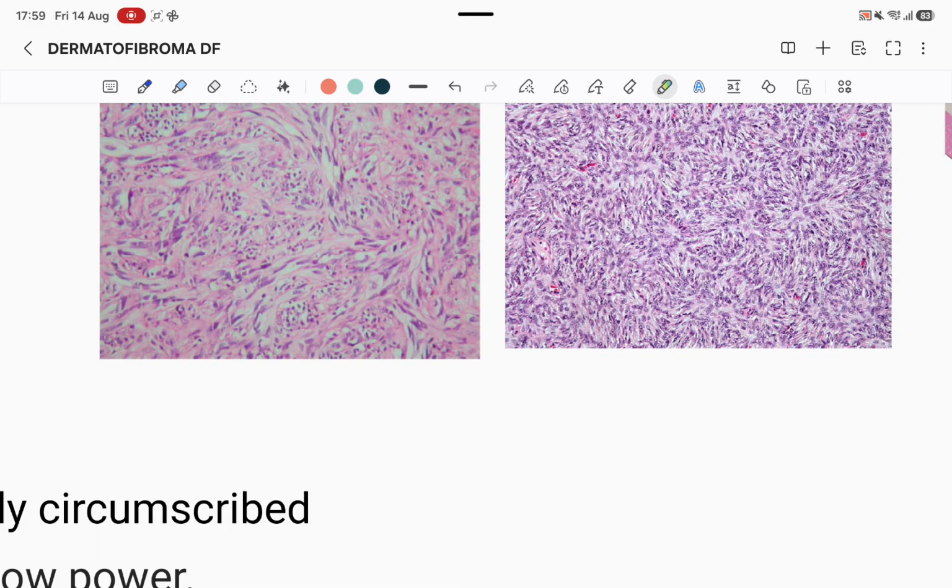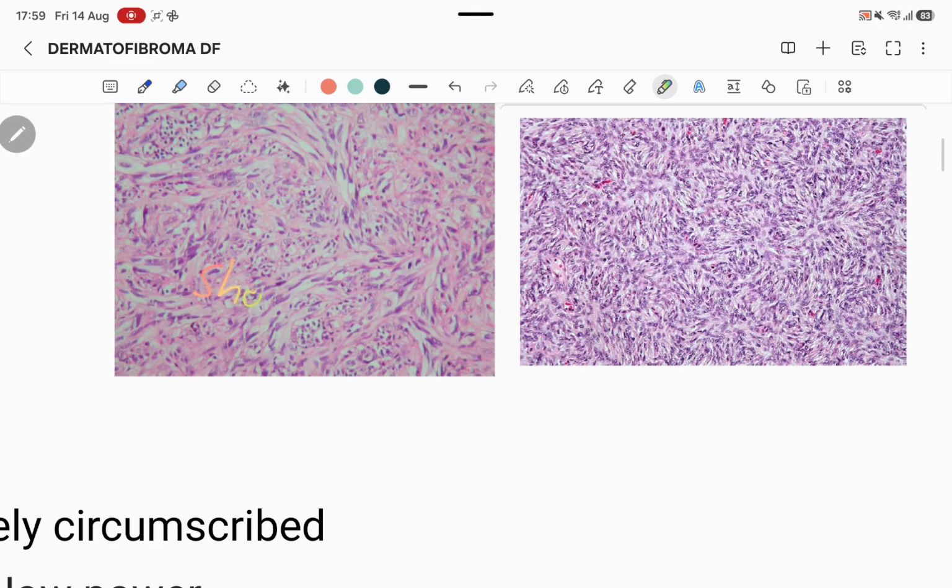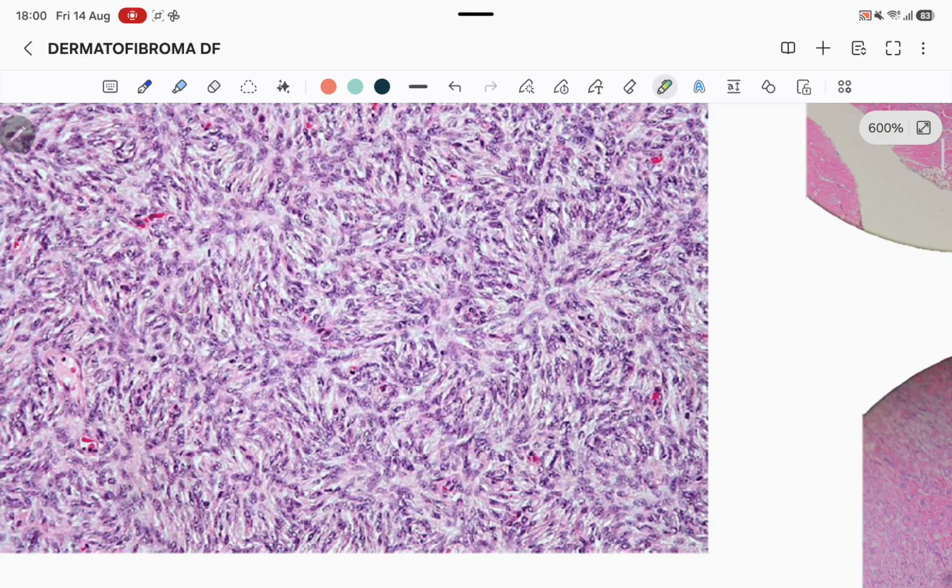So, short fascicles, you see how these are very short, and we are on high power here. Sometimes we have this storiform pattern.